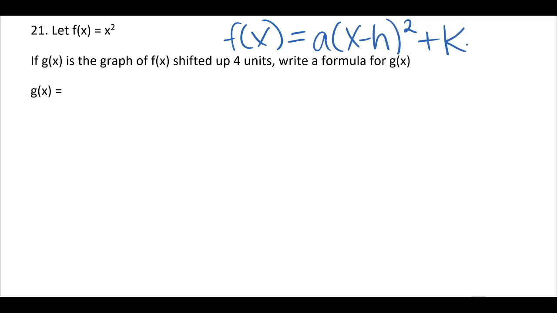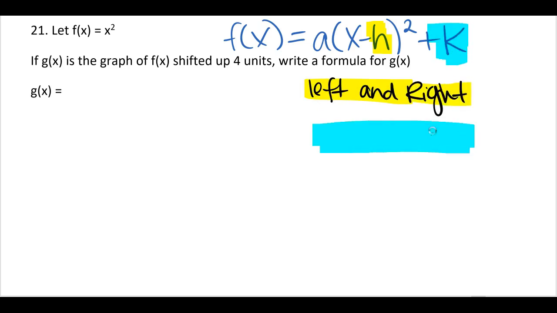So this gives you a lot of information. This is actually in vertex form. So the h tells you how much you will move left and right, or shift left and right. And then the k tells you how much you'll move up and down.